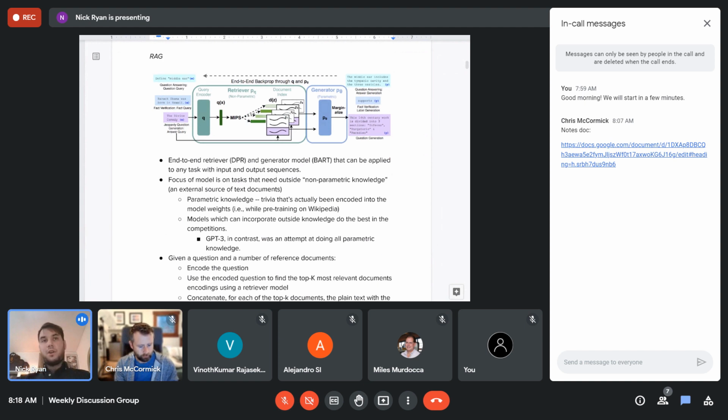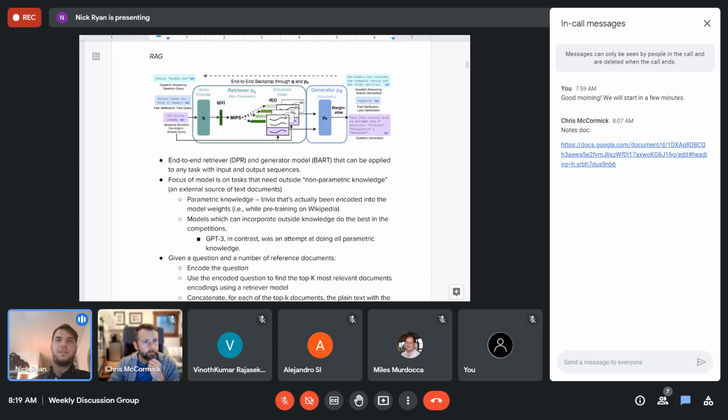The focus of this model is, again, using non-parametric knowledge. For the standard RAG, they use Wikipedia. They want to ask the system a question and give it a big index of Wikipedia documents, and get an answer contained in those documents, as opposed to relying on the parametric knowledge of a generator.